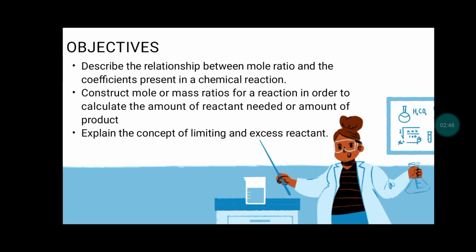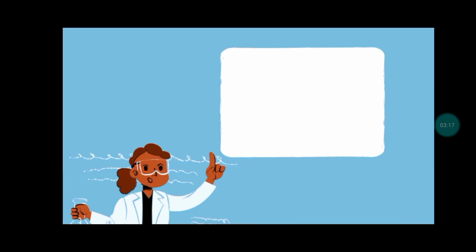For our objectives, after this Unit 1, you should be able to describe the relationship between mole ratio and the coefficients present in a chemical reaction, construct mole or mass ratios for a reaction in order to calculate the amount of reactant needed or amount of product, and lastly, explain the concept of limiting and excess reactant.